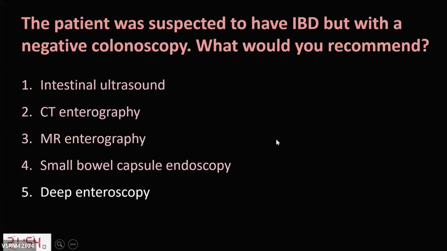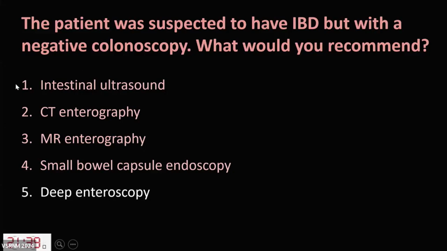Okay. So actually there is no single correct answer. We can choose different kinds of imaging tools, but usually we will choose the less invasive ones first.